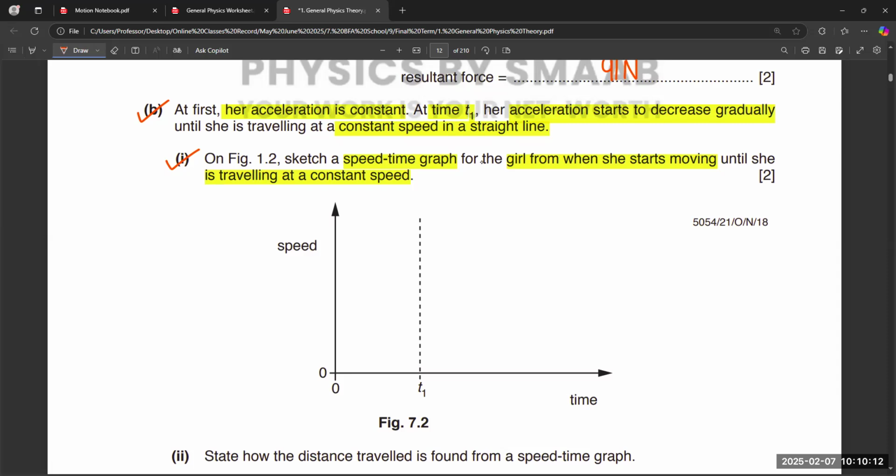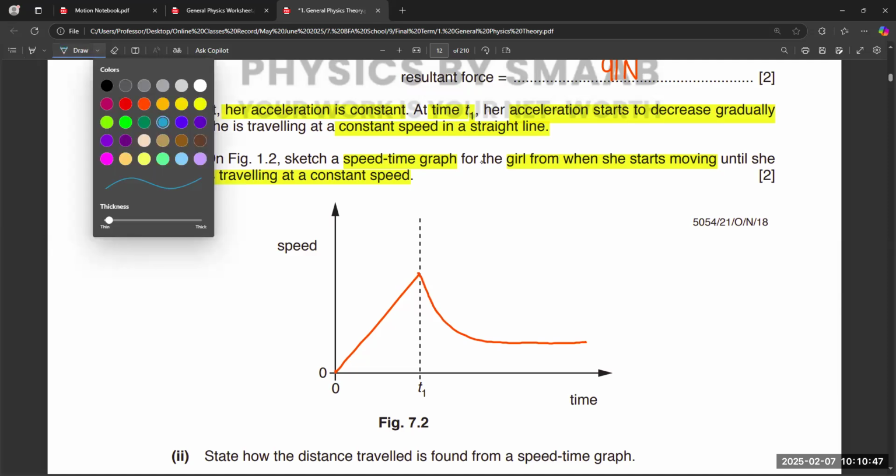So constant acceleration means a straight line like this from 0. Then they are saying decrease gradually. So it is not decreasing constantly, it is decreasing gradually. So definitely we need to show a decreasing curve until it starts to move with a constant speed.